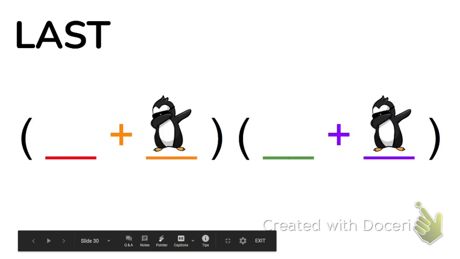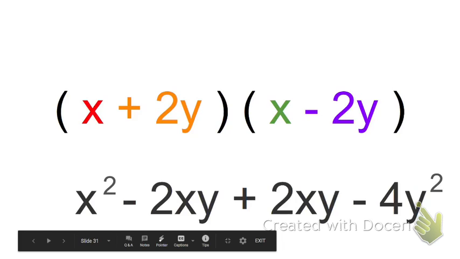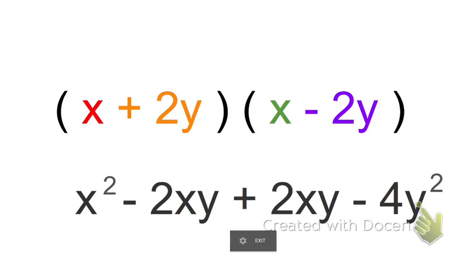And then you do the last terms. In this case, we're doing a positive 2y times a negative 2y. Again, it's like 2 times y times negative 2 times y. I'm just going to put those little multiplication dots in there. When you're multiplying these, you multiply the numbers first. That's negative 4.